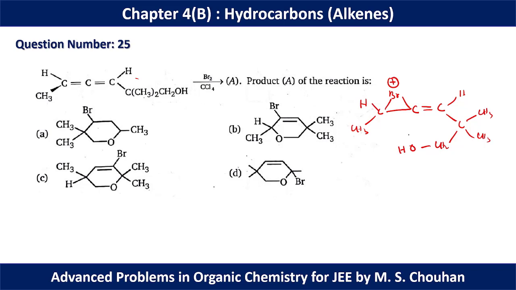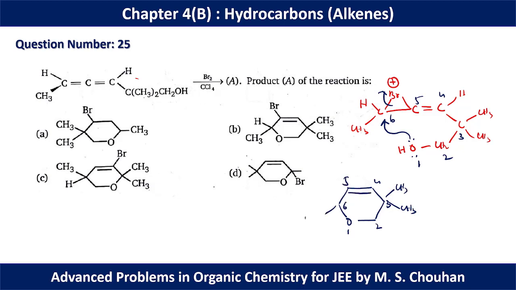We can start like this, that this lone pair will approach to this carbon and this C-Br bond will be dissociated. So finally we are getting 1, 2, 3, 4, 5, 6, a 6-member ring, where in one position we have oxygen, this is 2, this is 3, in 3 we have 2 methyl groups, this is 4, this is 5, we have double bond between 4 and 5.